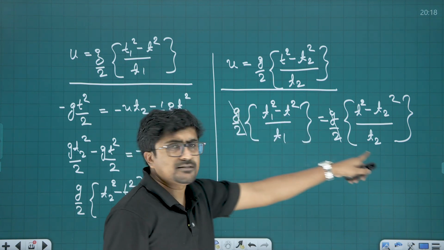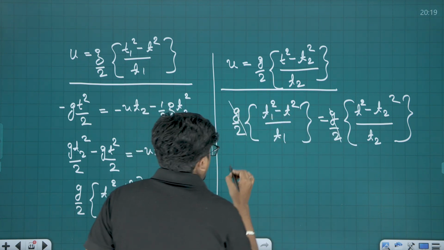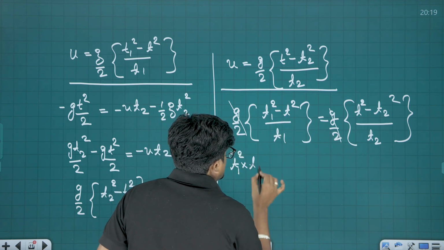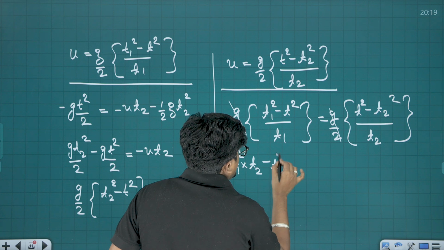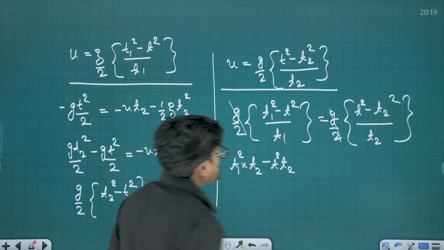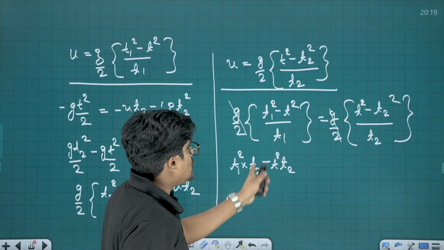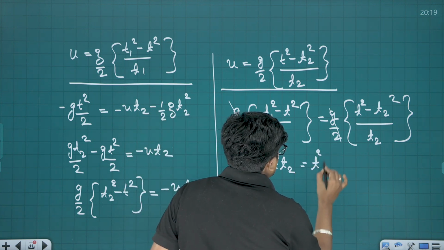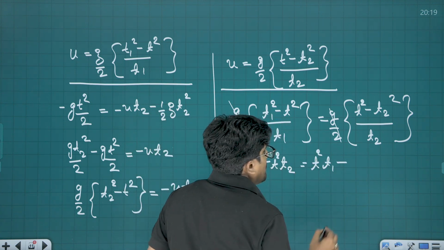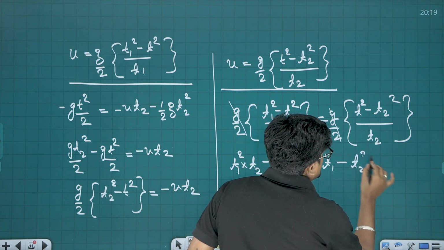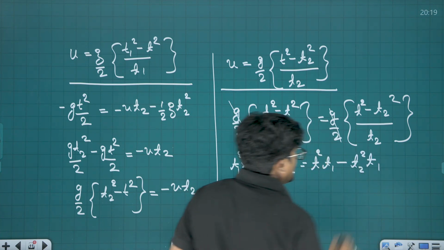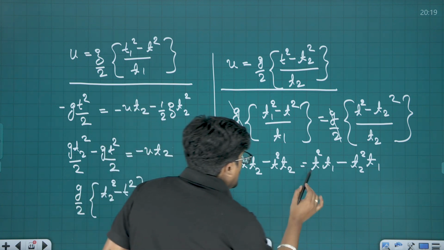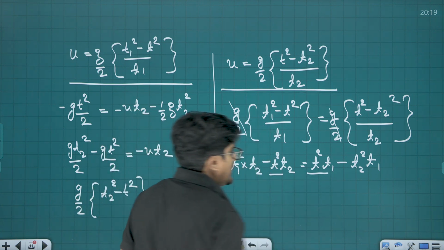Let me cross multiply these terms now. If I cross multiply, it is t1 square into t2 minus of t square into t2, that is equal to t square into t1 minus of t2 square into t1. Now I have got t square here as well as t square here.